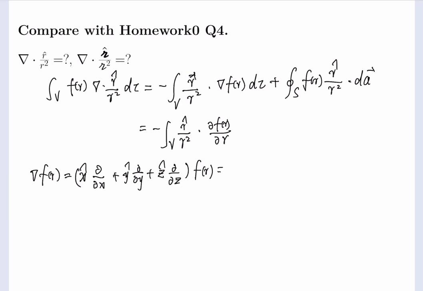And the first term can be worked out like partial x of f(r), and now we can use the chain rule. So partial x of f(r) can be written as partial f over partial r, times partial r partial x.